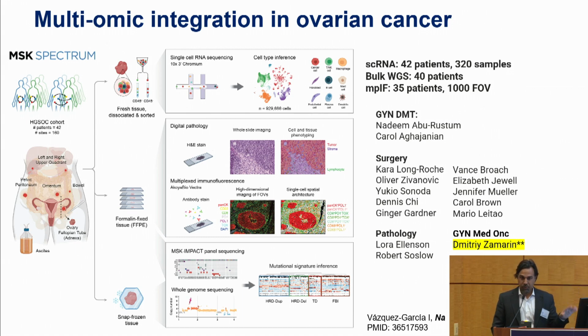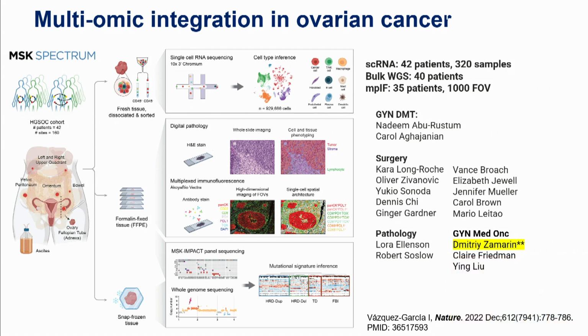We collected samples. We undertook a workflow where we generated single-cell suspensions from these surgical specimens, disaggregated them, and then flow sorted, and then in a single-day workflow, executed single-cell RNA sequencing on this to profile the phenotypes of immune cells. In conjunction with that, we did whole genome sequencing and then multiplexed immunofluorescence.